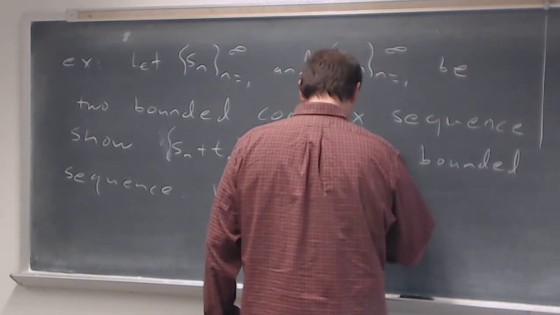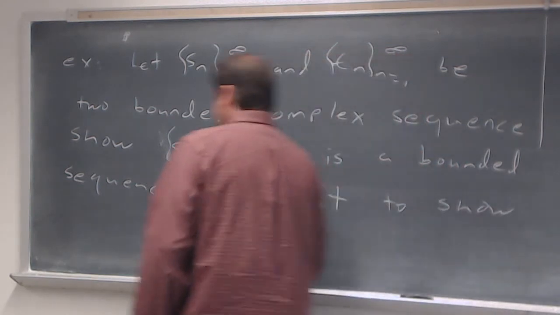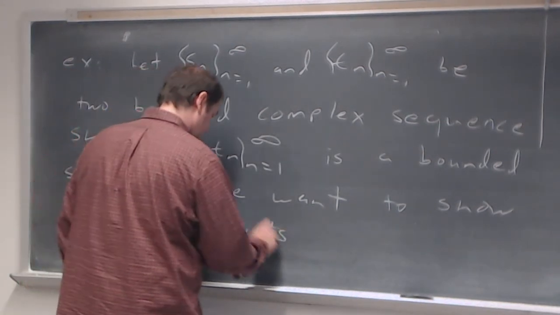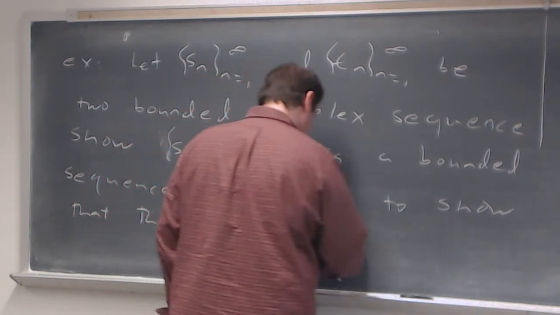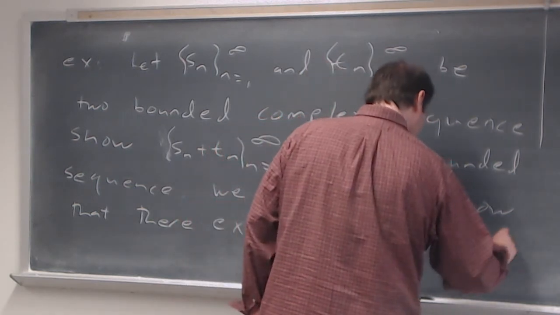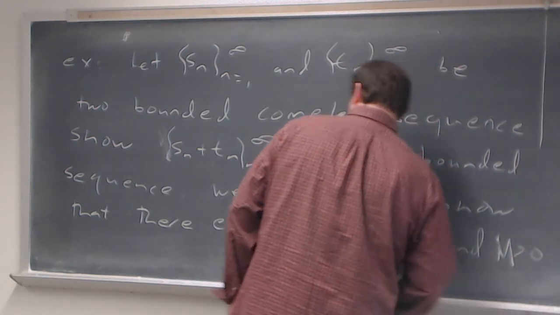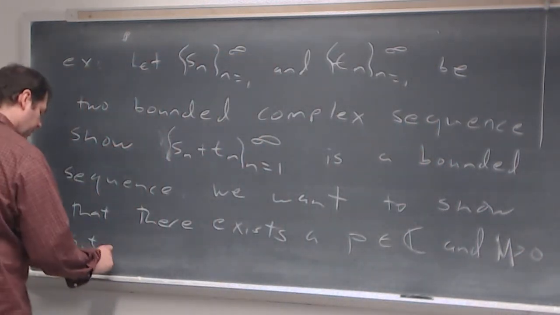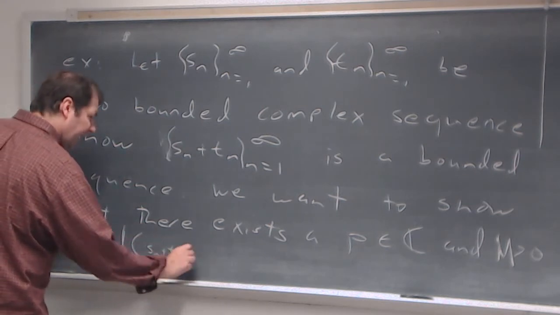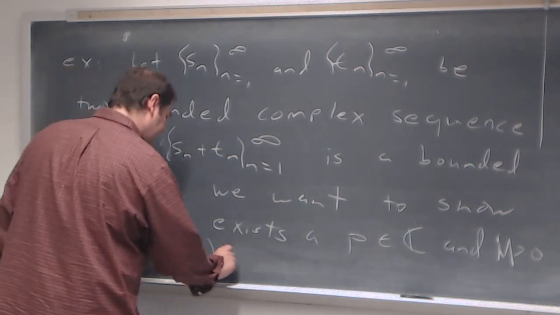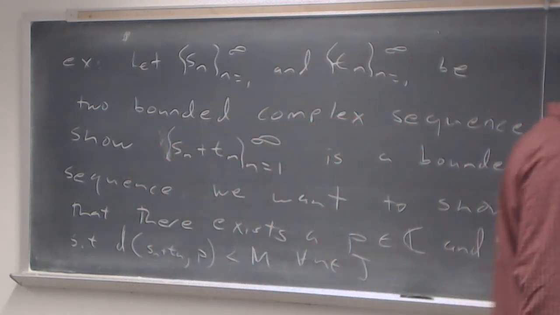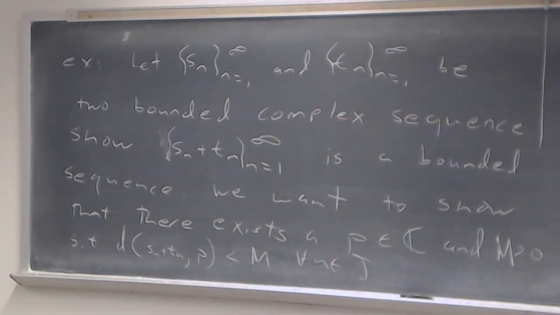We want to show that there exists a complex number, let's say P an element of the complex numbers, and an M greater than 0, such that the distance between S sub n plus T sub n and P will be less than M, for all n an element of the natural numbers.